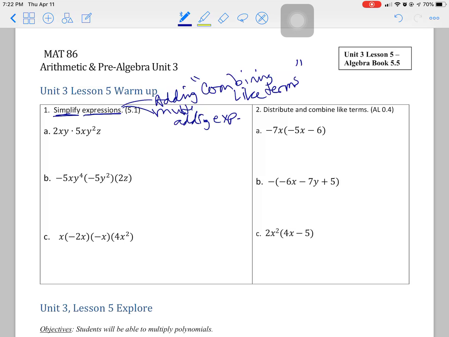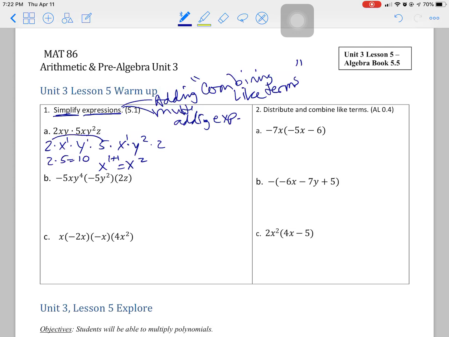So this, the 1a, is 2 times x times y times 5 times y squared z, you could rewrite this. You have to start looking at these as being disconnected. That's just 2 y's in a row and a z, okay? So we're allowed to pull them apart and go 2 times 5 is 10. I have 1x here and 1x here. That's x plus x, which is x to the second.